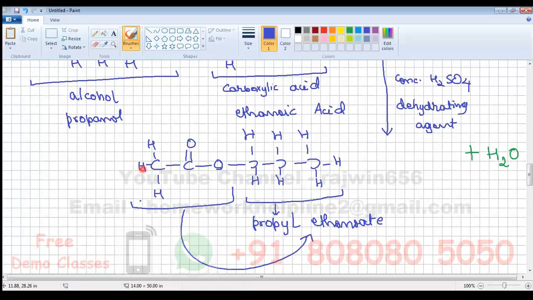Always the carboxylic acid part is going to be alkanoates: ethanoate, methanoate, and so on. While the alcohol part will be the alkyl part: methyl, ethyl, propyl, etc.